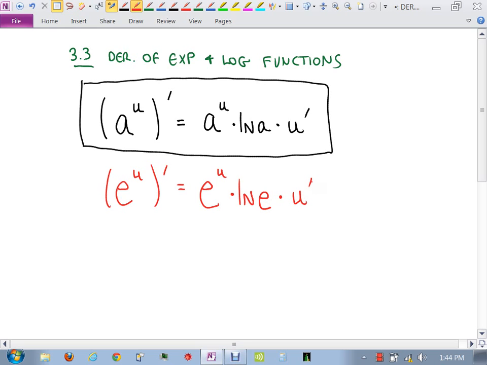But what is the natural log of e? 1. So this just turns out to be e to the u times u prime. So you could say it like this: the derivative of e to the junk is e to the junk times the derivative of the junk. Right? That's what it is.